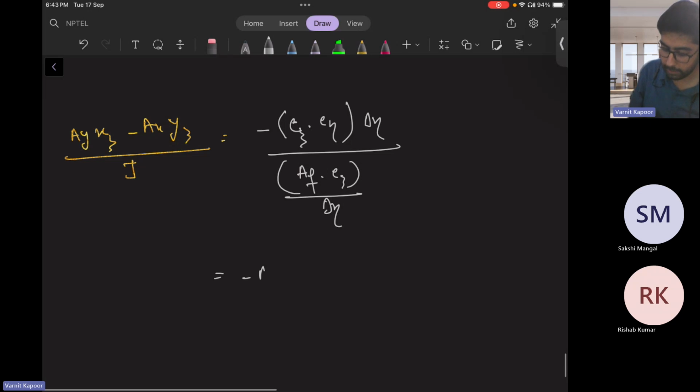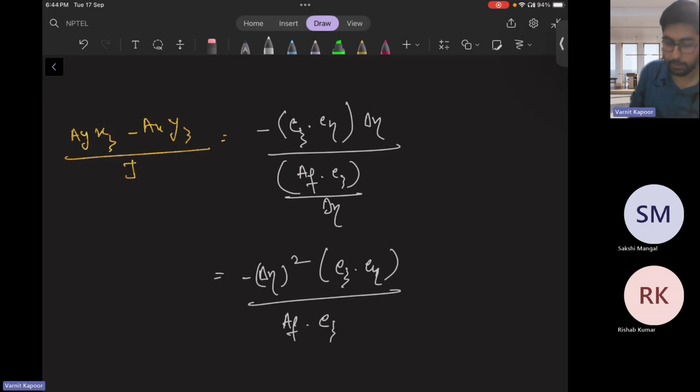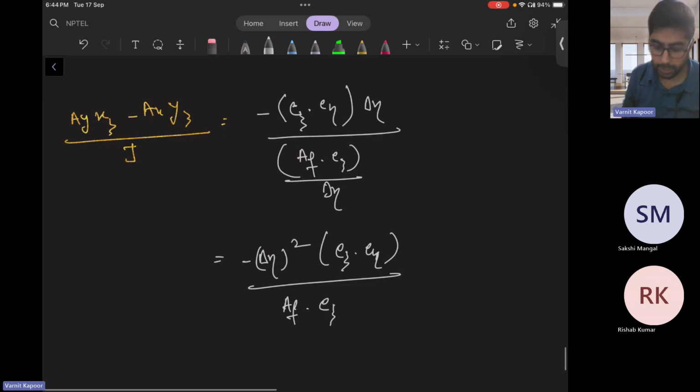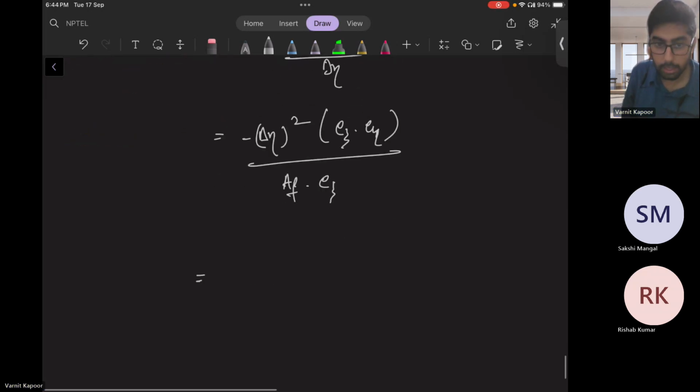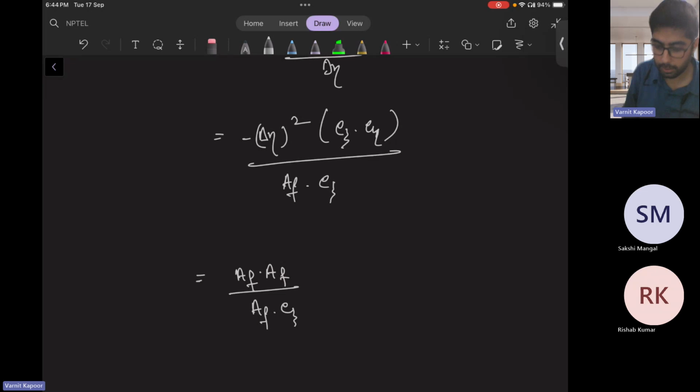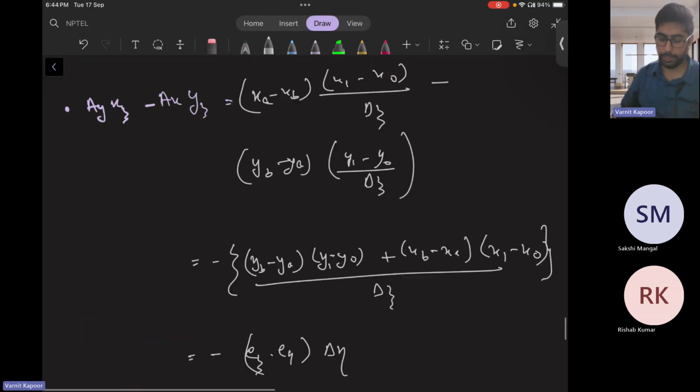This is minus del eta square. This time they are not cancelling out. If you observe, e zeta dot e eta over af dot e zeta. And this term can again be written as af dot af over af dot e zeta into e zeta dot e zeta, with a negative sign. All right.